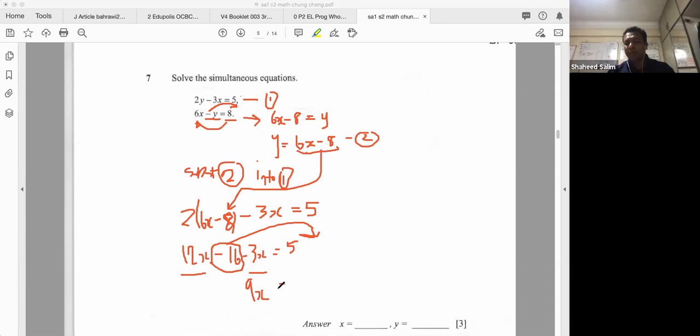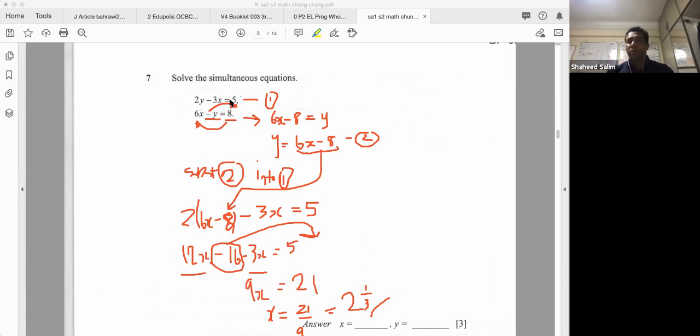So I get 5 plus 16 equals to 21. Then this one is 21 over 9, which is equals to 2 1/3. That is the value for x.